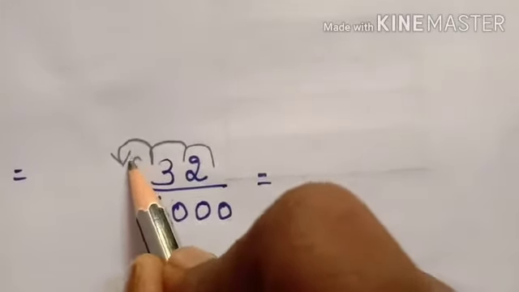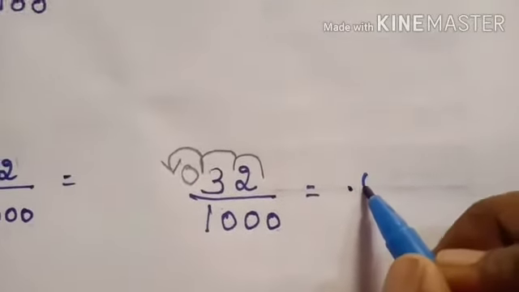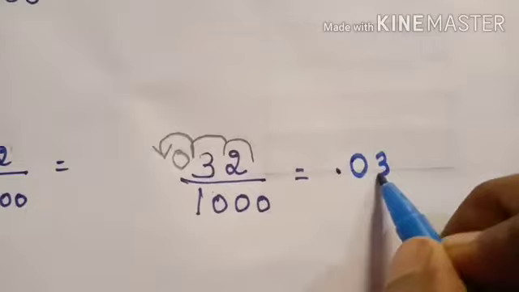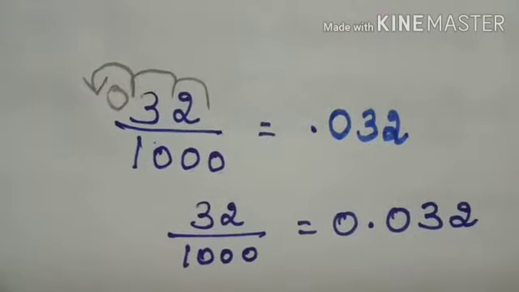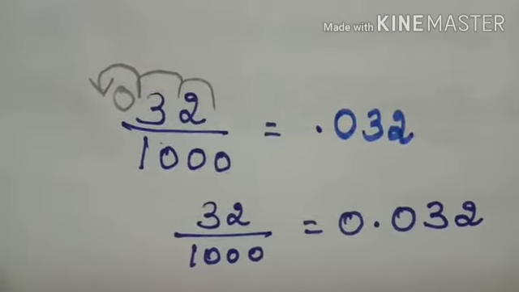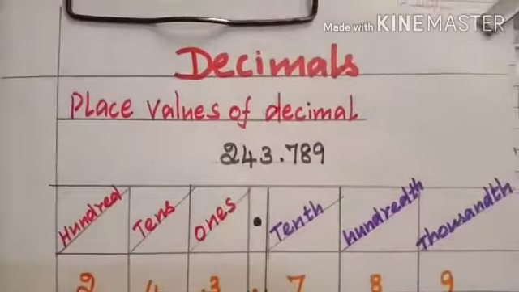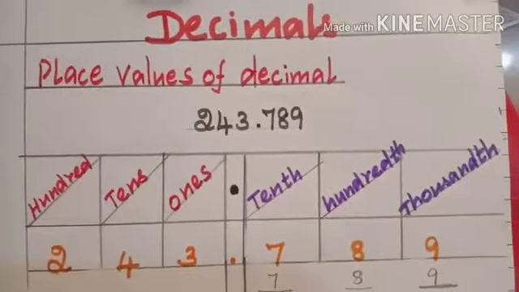Here, there is no number, so we have to put 0. So the answer is 0.032. 32 by 1000 is equal to 0.032.